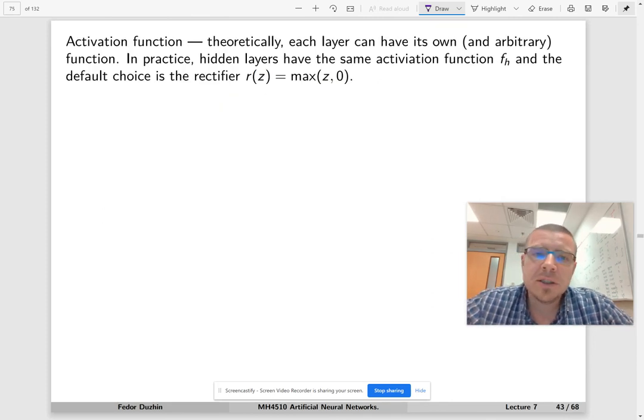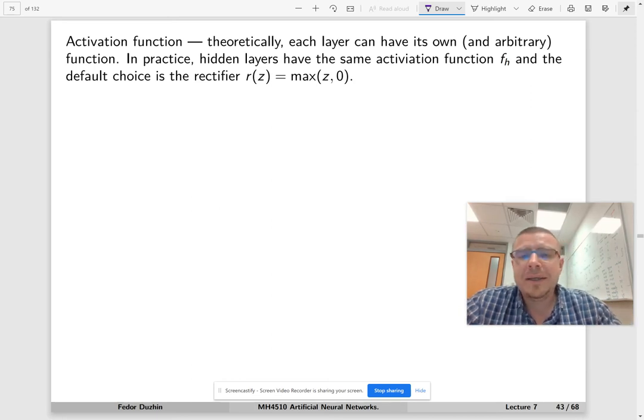Right, so activation function, theoretically, each layer can have its own activation. Well, theoretically, even every unit can have its own activation function. But in practice, this is not possible to implement. At least we're going to work with this library called Keras. It is a very popular library. It exists for R and Python.